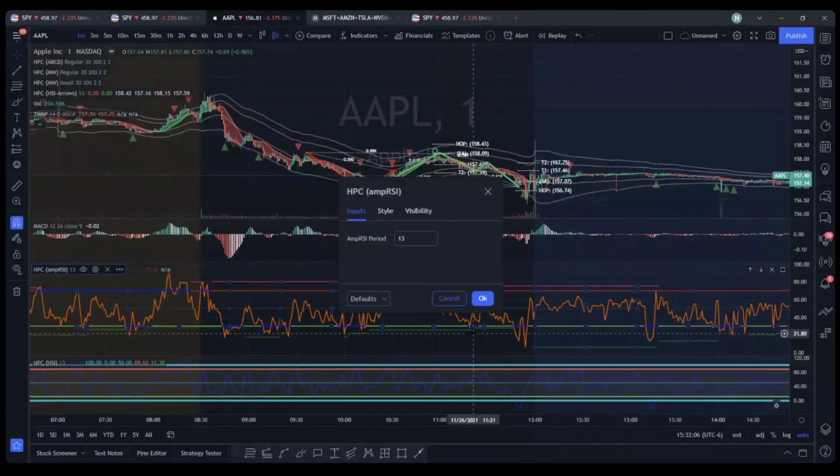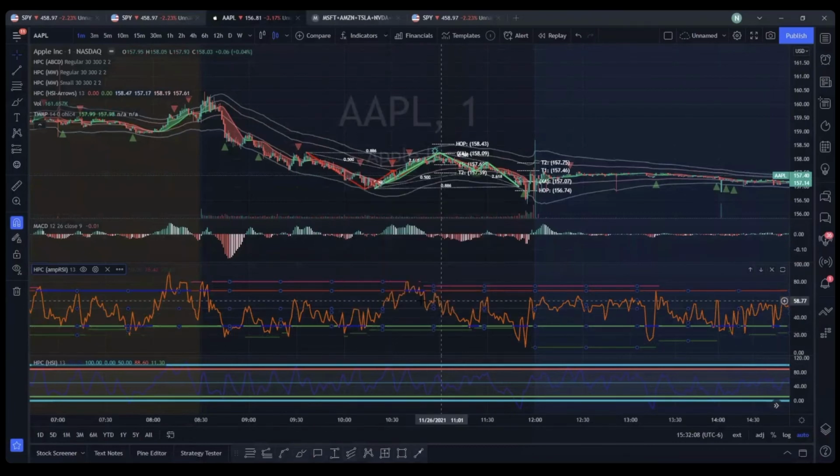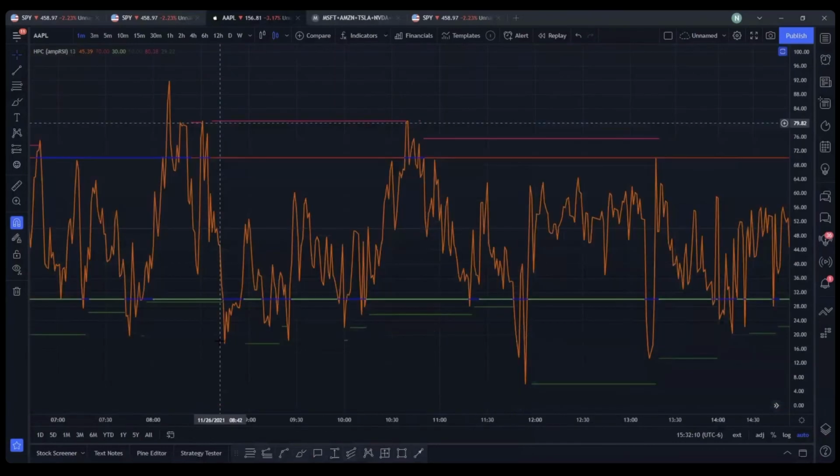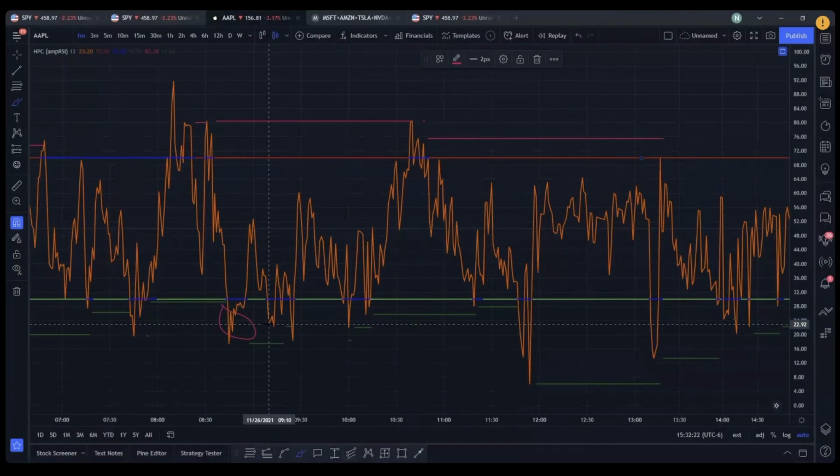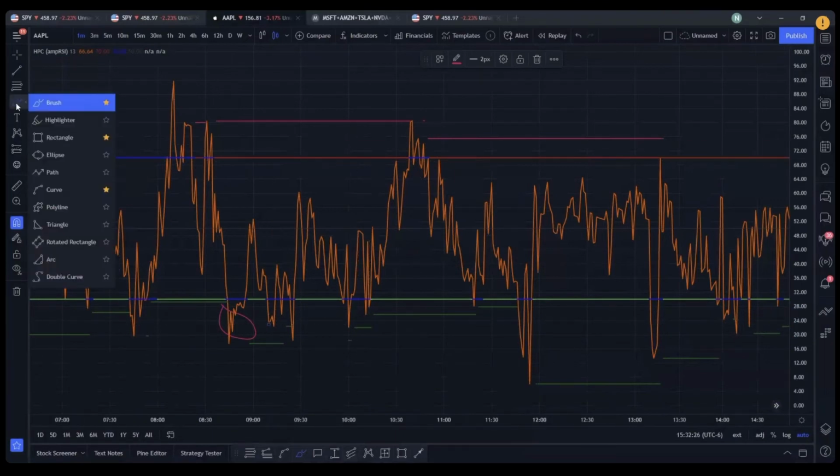It just exaggerates moves. What I look for when I chart RSI is W and M formations like you would see with a harmonic, but in overbought and oversold regions. I'm looking for things like that down here that would indicate we're going to have a reaction in that zone.